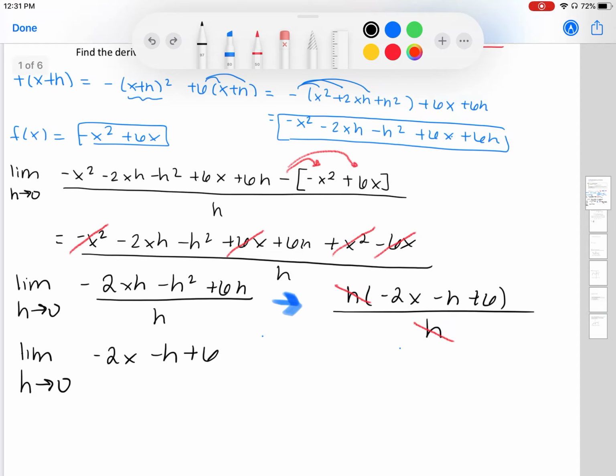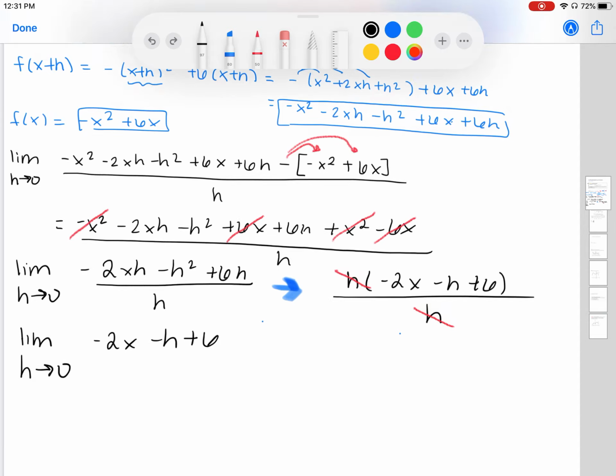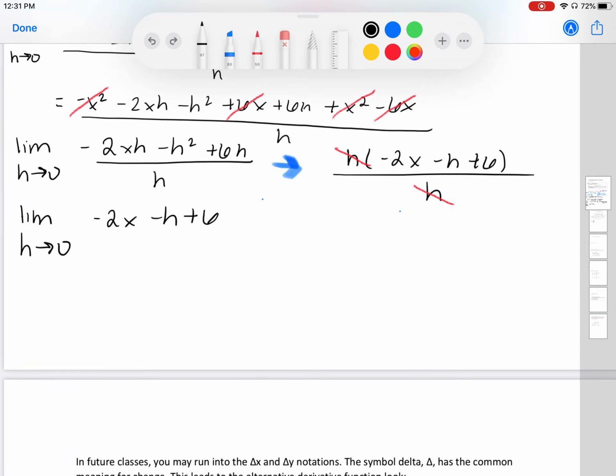It's just 1. Now we can directly substitute in that value 0 for h. So that we have negative 2 times x, minus 0, plus 6. So we have negative 2x plus 6.